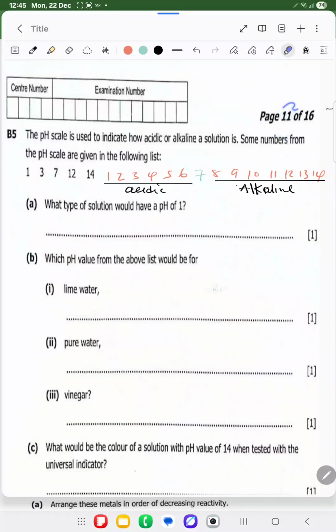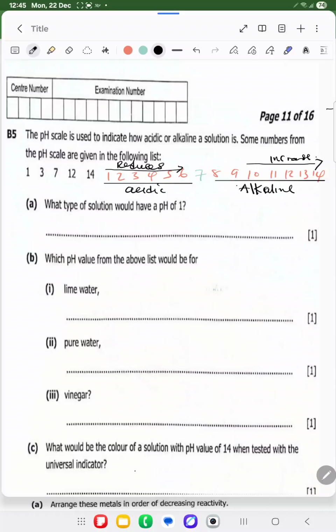As you go in this direction, the basicity of a solution increases. As you go towards the 7, the acidity of a solution reduces.